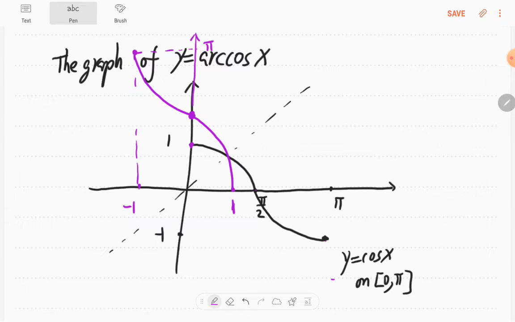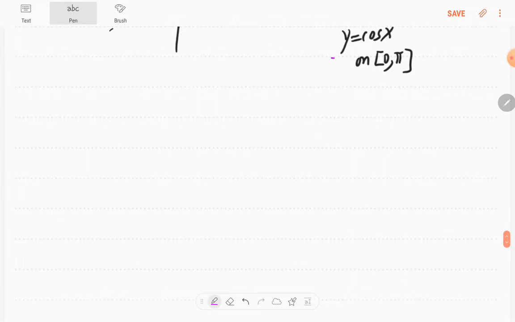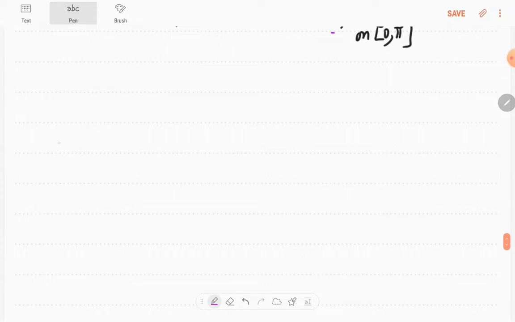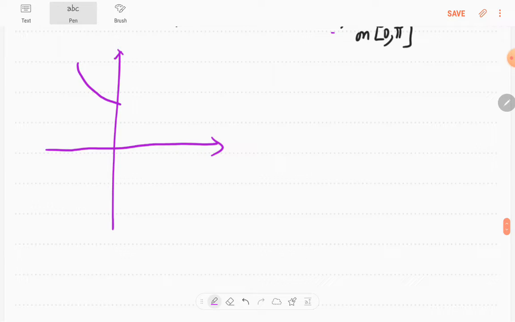So from this graph, I just redraw the graph to make it more clear. The graph will look like this one. Here is pi, here is pi over 2, here is 0, here is +1, and here is -1. So this is y equals arc cosine x.